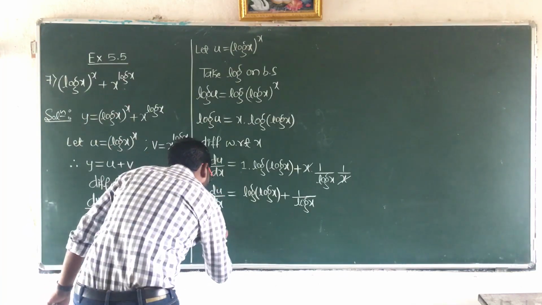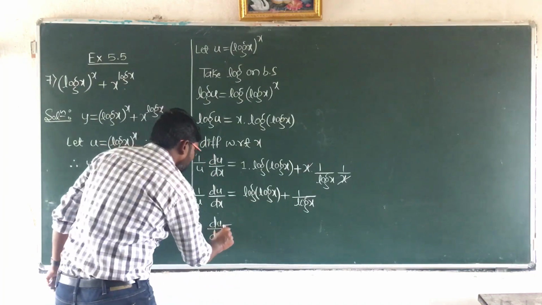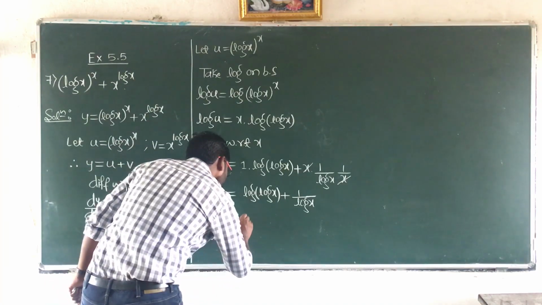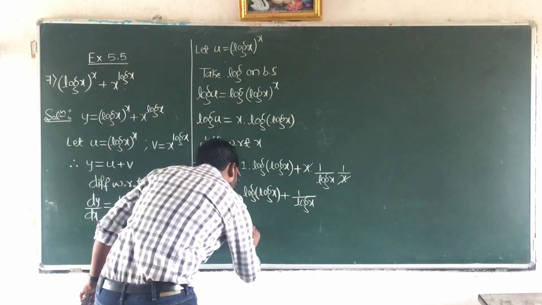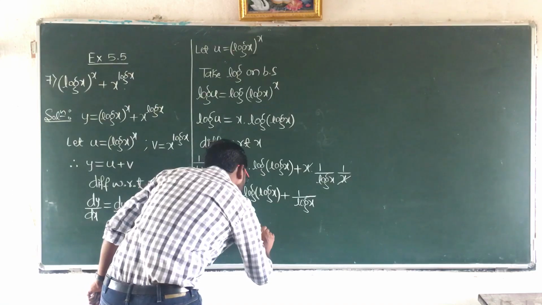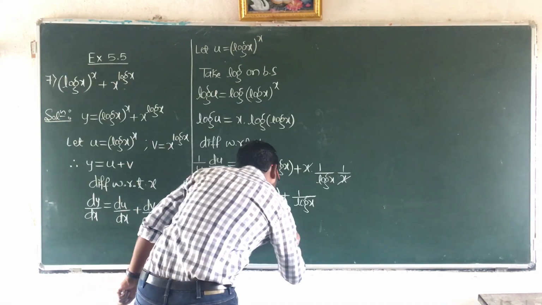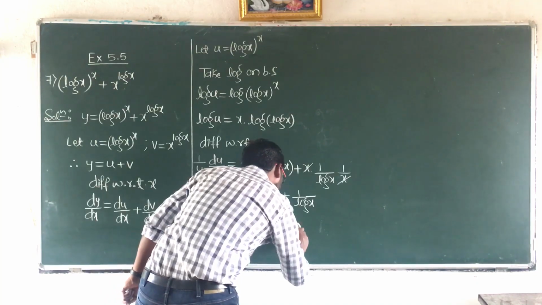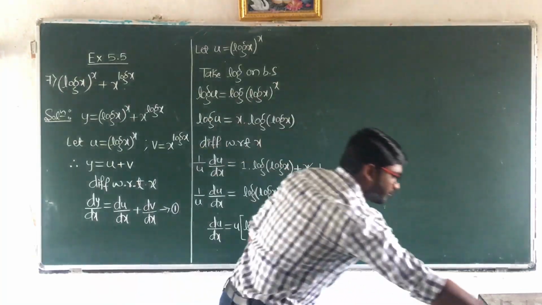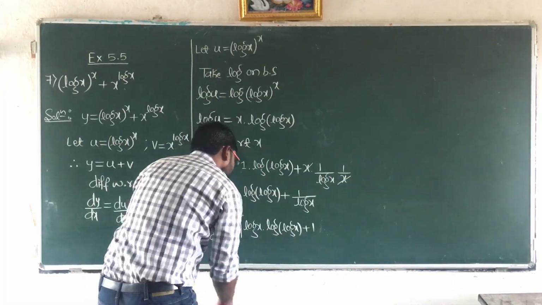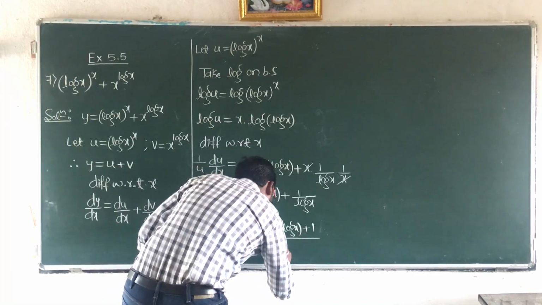So see here, du/dx is equal to u times, inside the bracket, log x into log of log x plus 1, whole divided by log x.